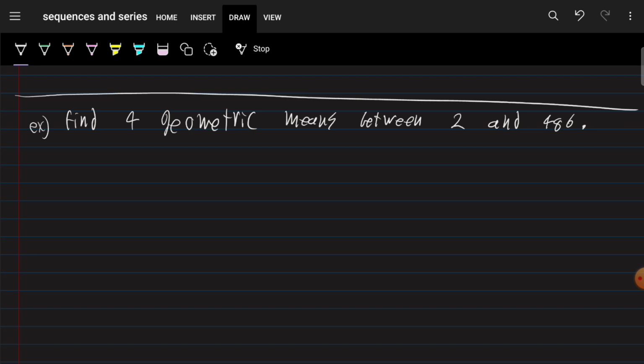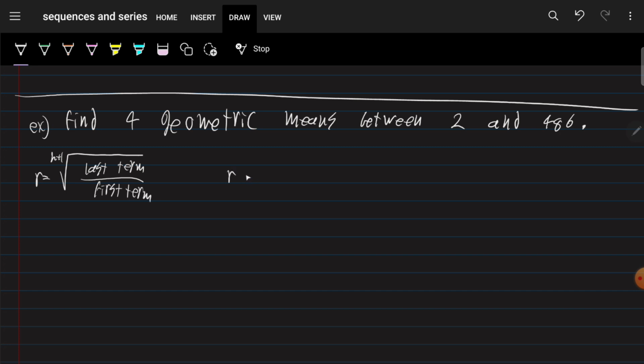First we'll find that common ratio, the ratio that we multiply by to get to the next term, and then we'll find the actual numbers. So I'll write out that r is equal to, and our formula was, let's write the formula first, the n plus 1 root of last term over first term.